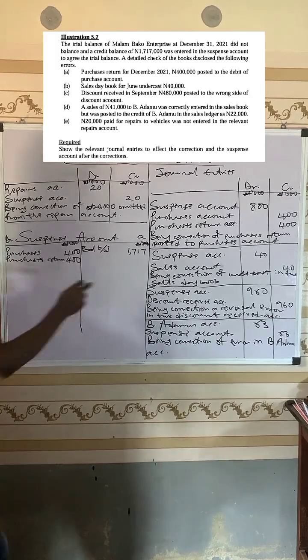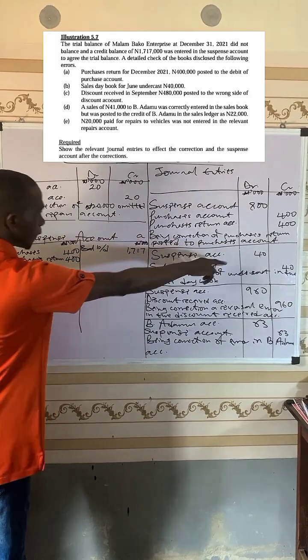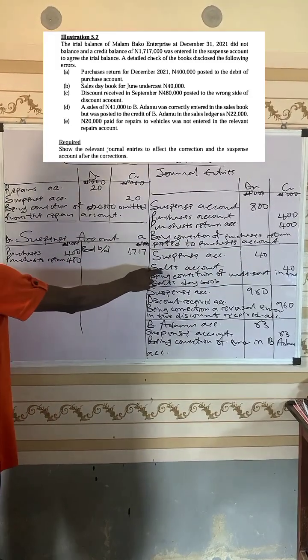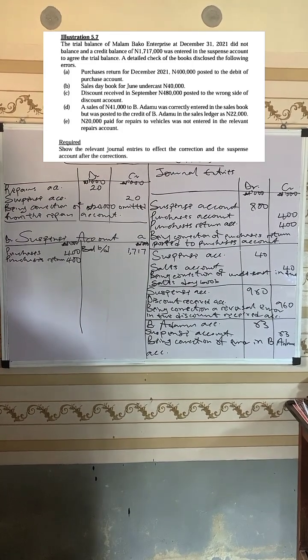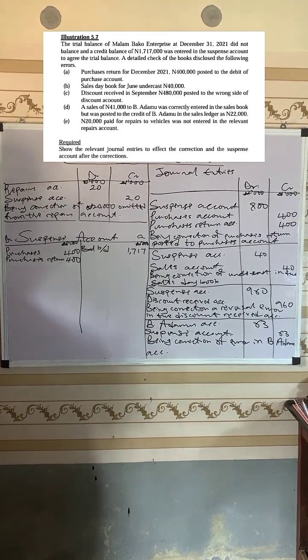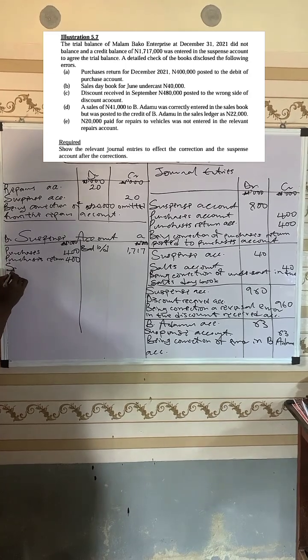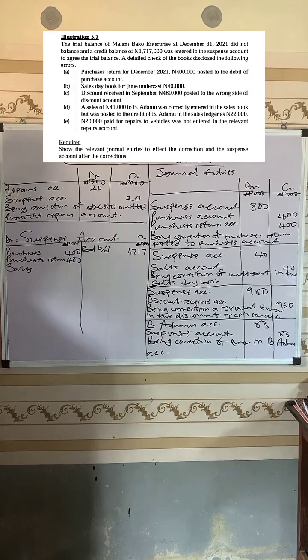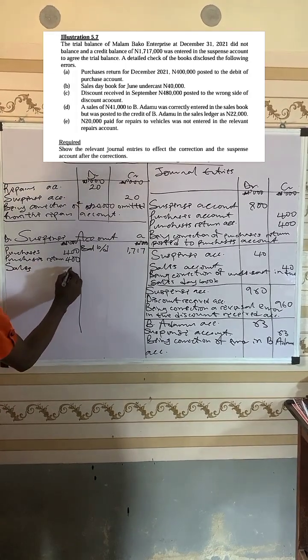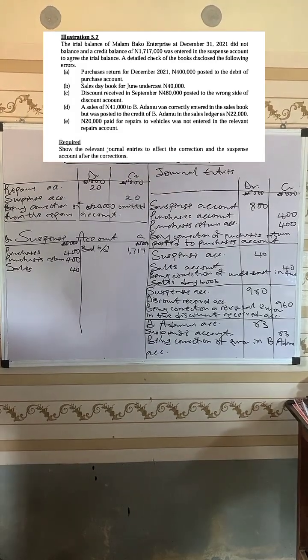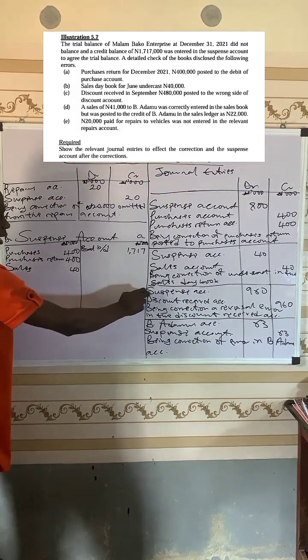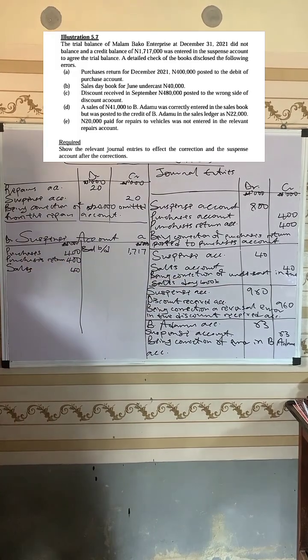The next one, we have suspense on the debit here, and it is for this correction of sales. Since it is on the debit, we are recording on the debit side of suspense account, and you will write sales, which is the other transaction, 40 naira. The next one, we have suspense, and it is also debited 960,000.